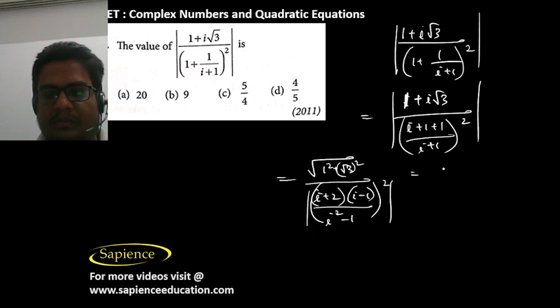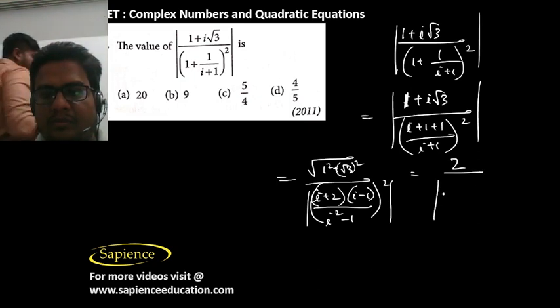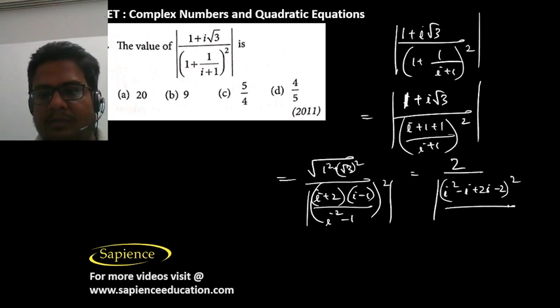So this will be 1 plus 3, that is 4, so square root of 4, that is 2, divided by mod of (i square minus i plus 2i minus 2) whole square, divided by i square minus 1.